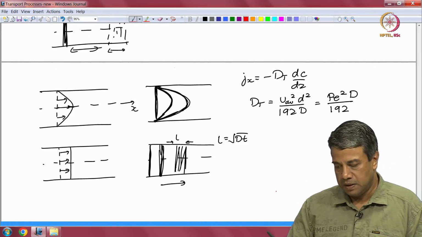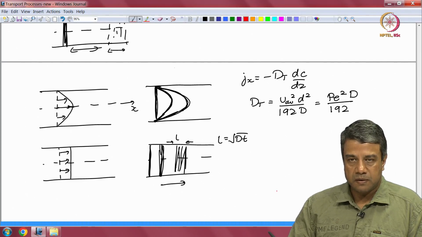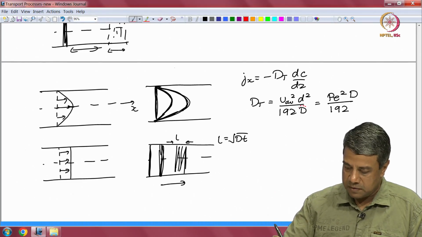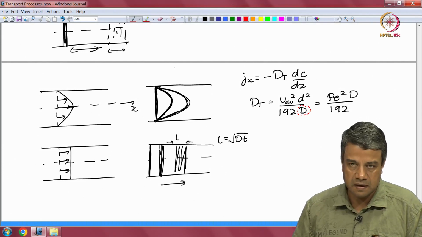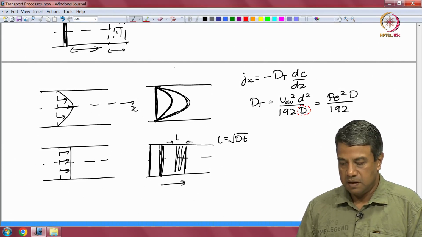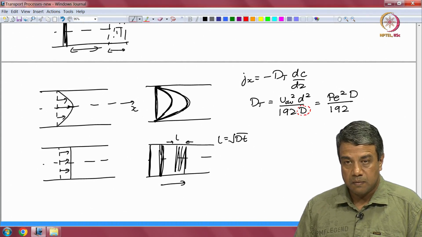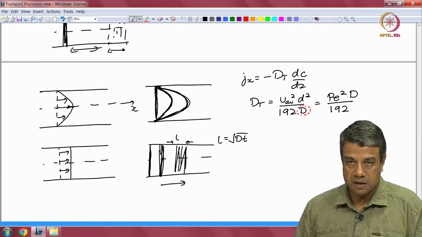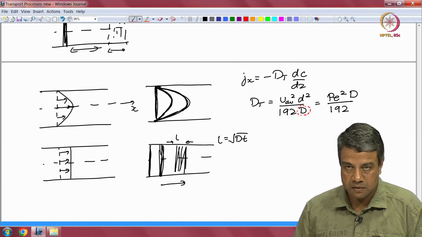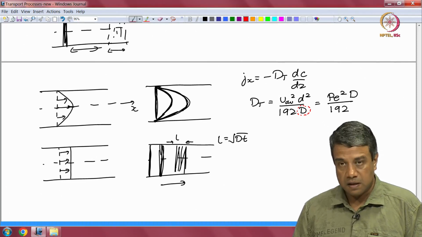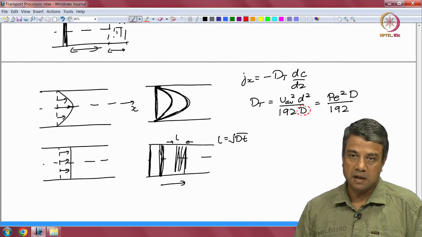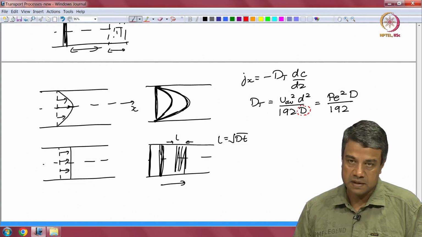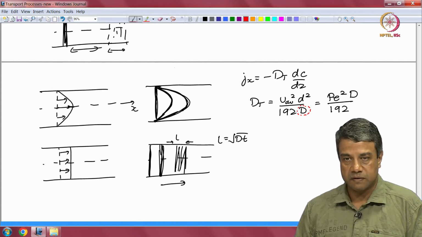The important point to note is that the molecular diffusion coefficient appears in the denominator here in the expression for the Taylor dispersion coefficient. If the molecular diffusion coefficient is lower, if it does not spread as much due to molecular diffusion, the Taylor diffusion coefficient is higher. So, the Taylor diffusion coefficient is actually inversely proportional to the molecular diffusion coefficient.